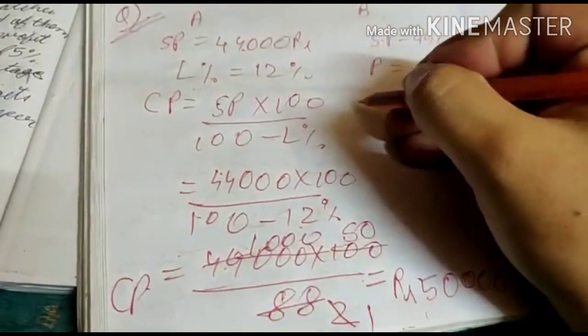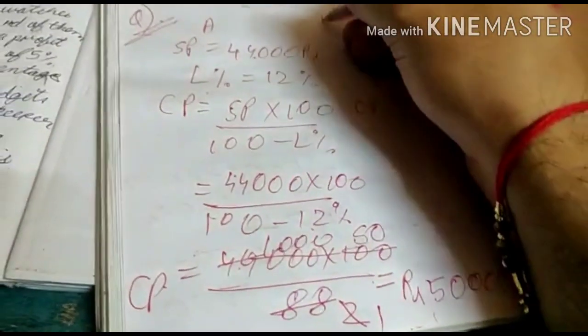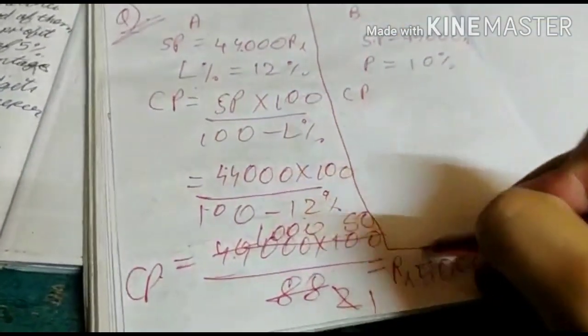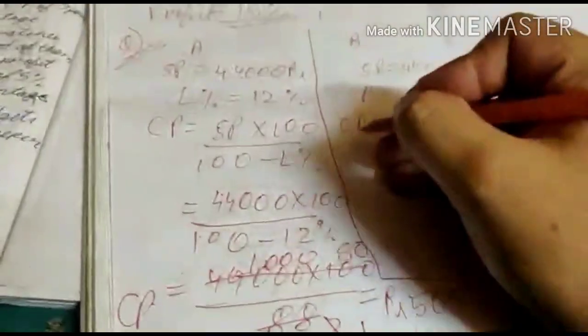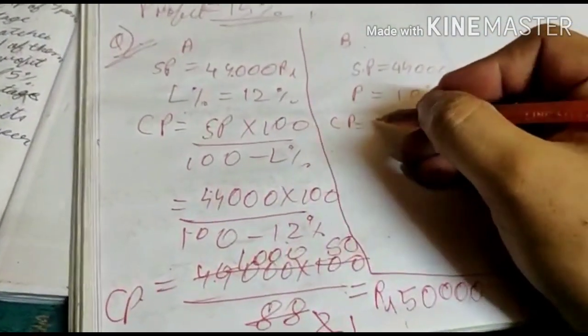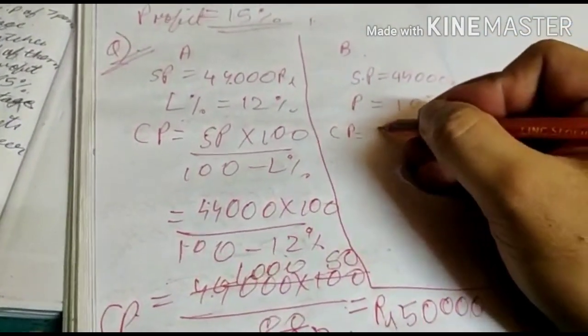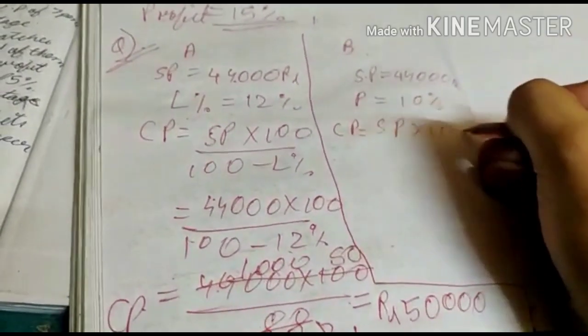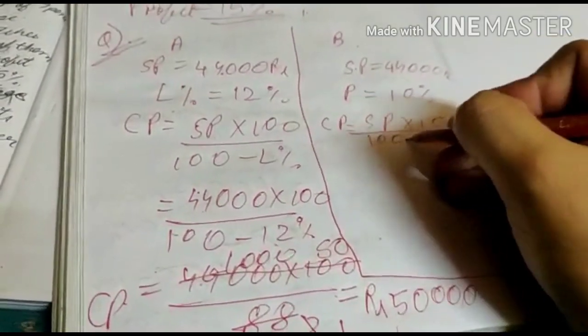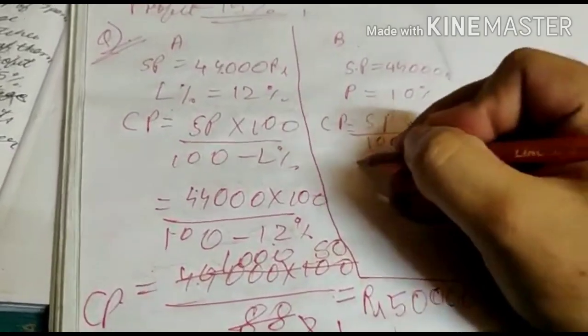And here again we will apply the formula of CP. CP again is SP into 100 upon 100 plus profit percent.